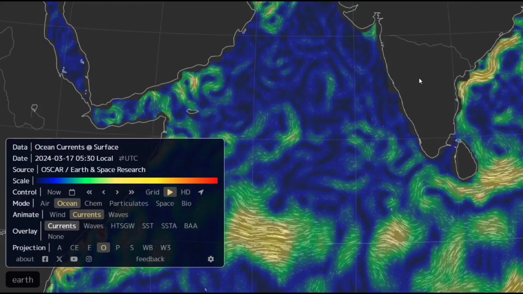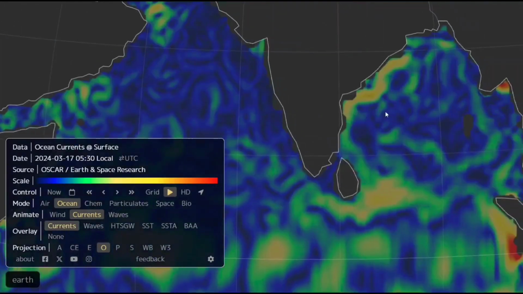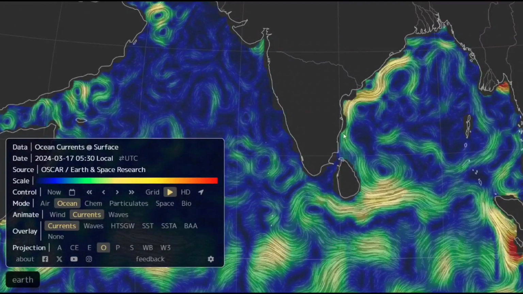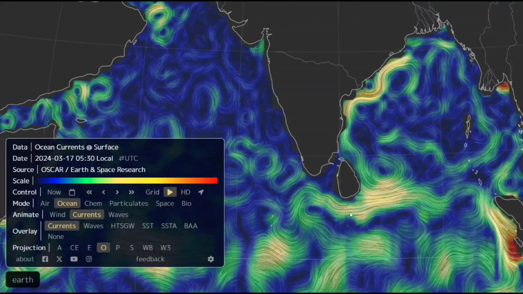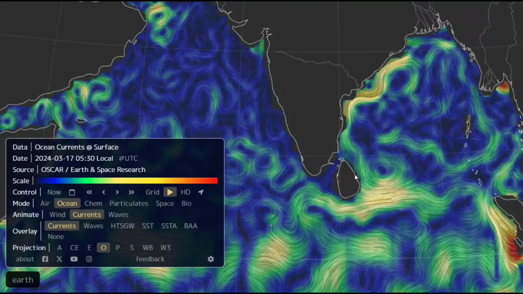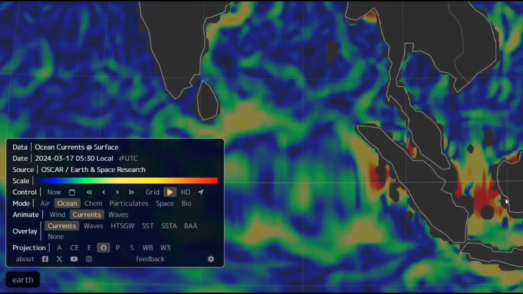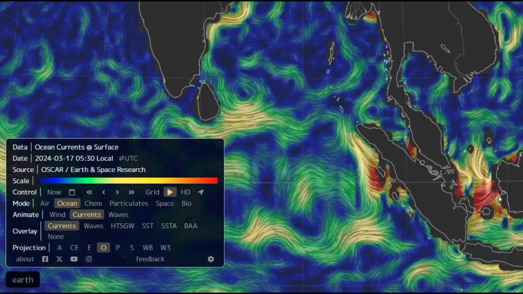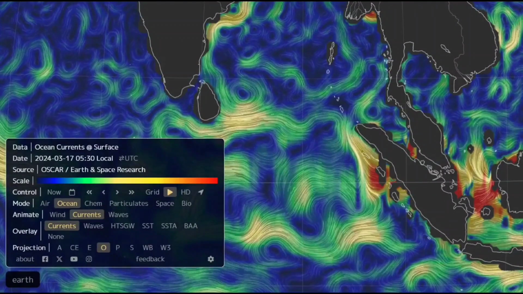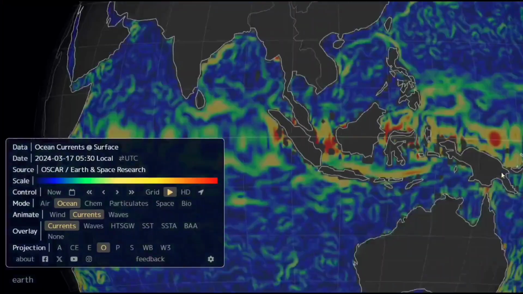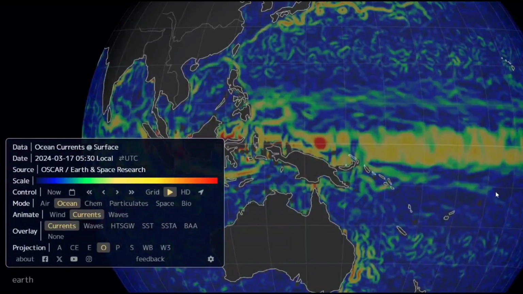In India also you see they are moving in a spiral way, and some are moving along the coast. Here the currents are very highly intensified, near Indonesia, and you can see this on a worldwide level.